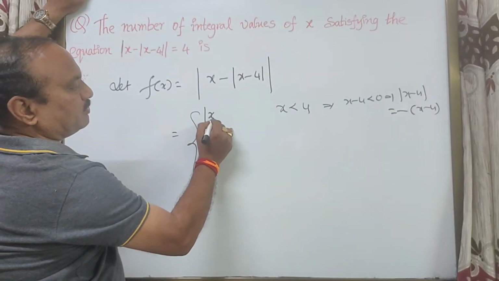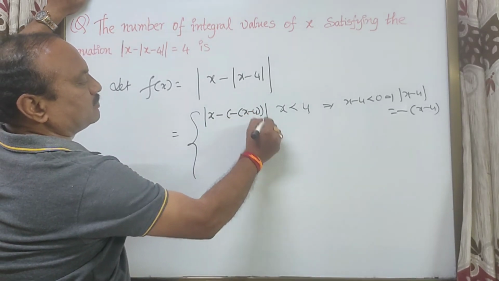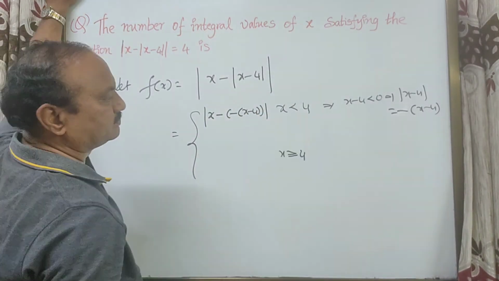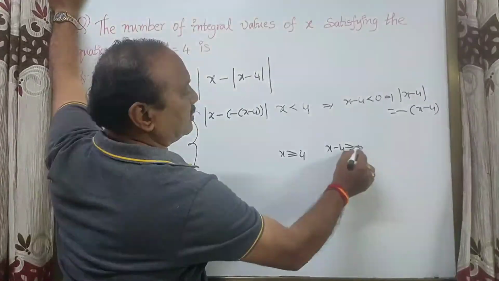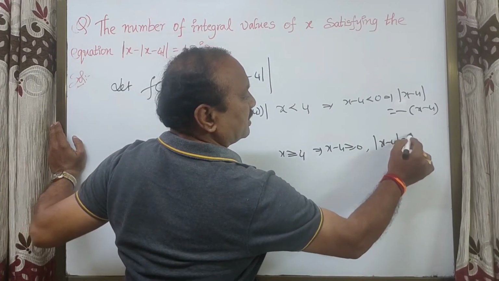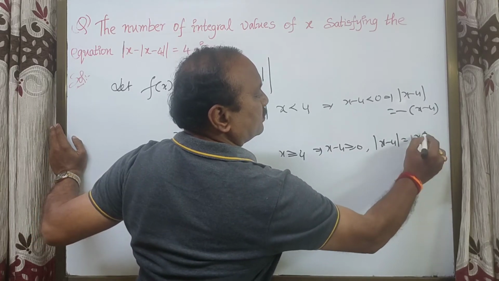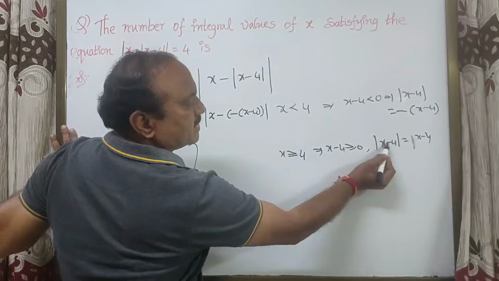So mod of x minus of x minus 4. When x is greater than or equal to 4, x minus 4 is greater than or equal to 0, so mod x minus 4 becomes x minus 4. If the inner value is positive, when you remove the mod, the same value will come.